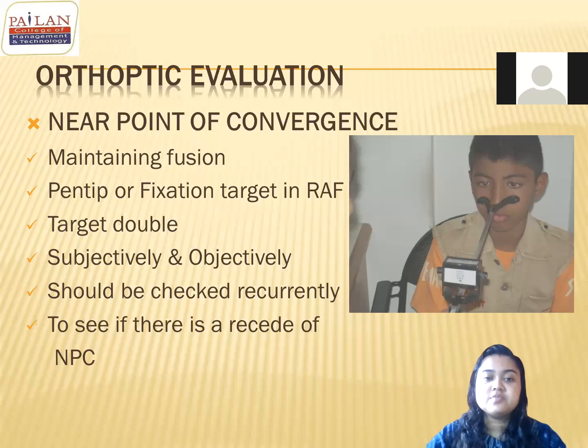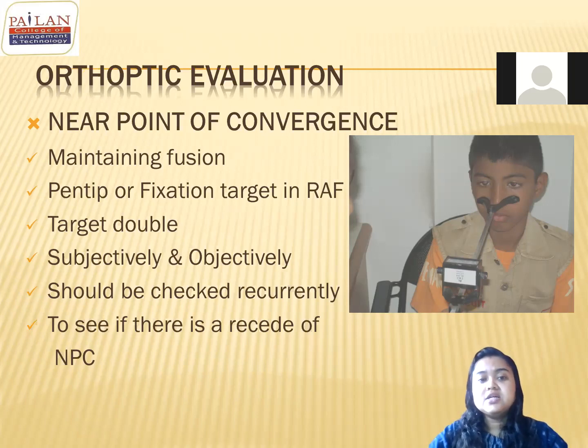When the patient responds that the line gets doubled, that is the subjective near point of convergence. You note it down in the copy, and then you do an objective near point of convergence test.